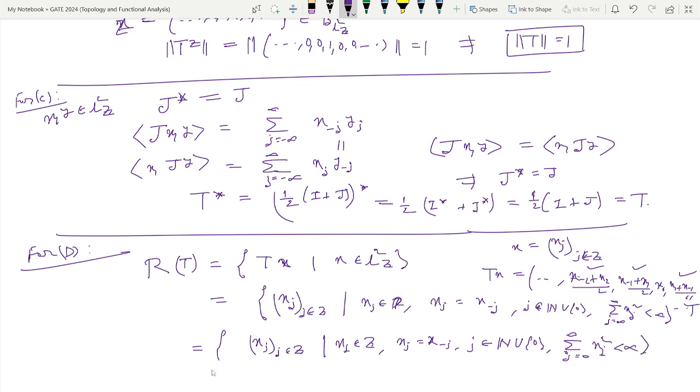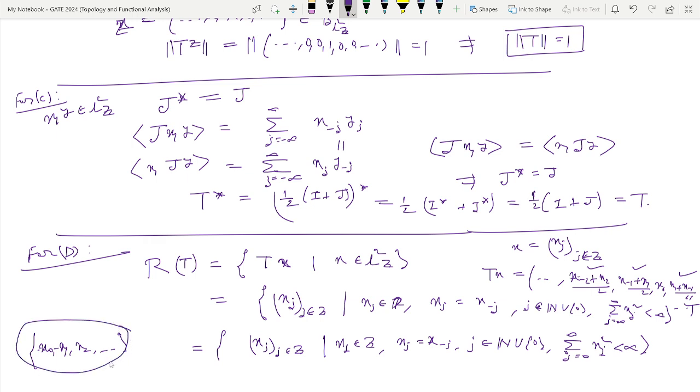So simply we can write this element of range T like this, all such elements will be the same, so we can write this as x_0, x_1, x_2, and so on.